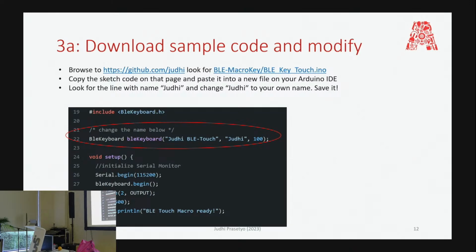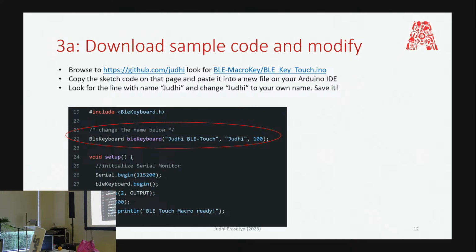And look for this line. Anything that has my name, change it to your own name. The reason is, later on, when you upload your code to the ESP32, and you search on Bluetooth, everything will have that name, right?